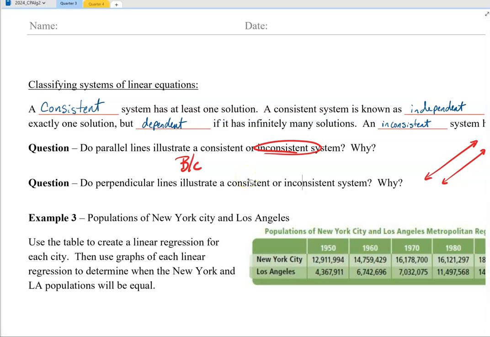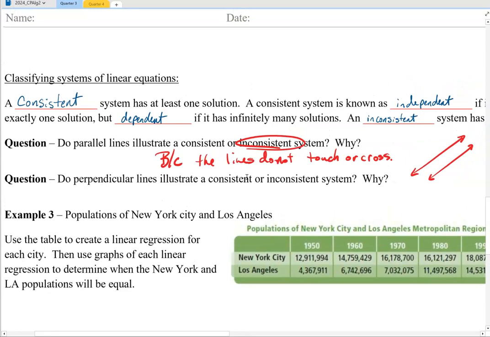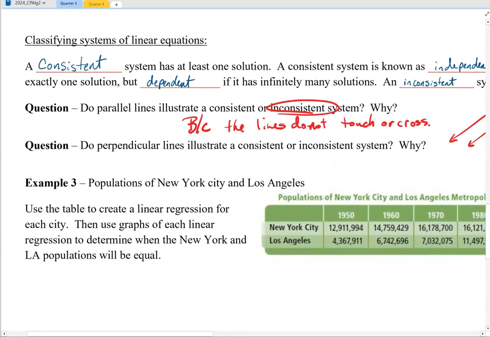Or better yet, we can say they're inconsistent because the lines do not touch or cross. Lines must touch or cross to produce a solution. That would be the location, the coordinates of our solution.